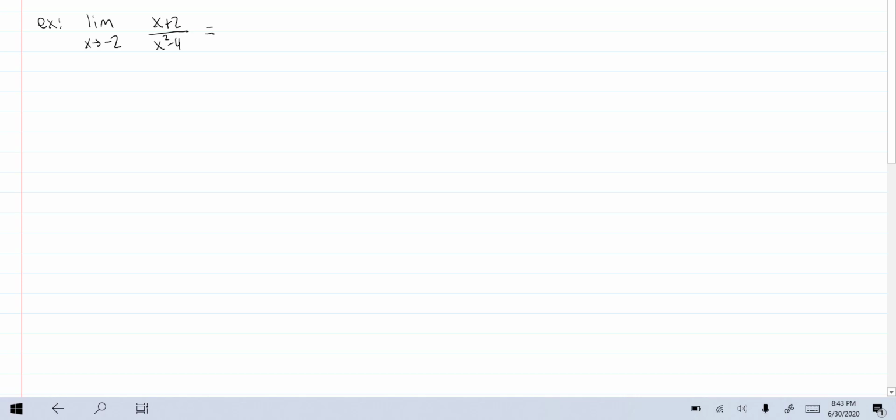When we plug in -2 for x, we end up getting 0 over 0, which we called an indeterminate form. Reason being is because when you get 0 over 0, that basically says that the answer could really be anything. So you can't determine the answer from getting 0 over 0.